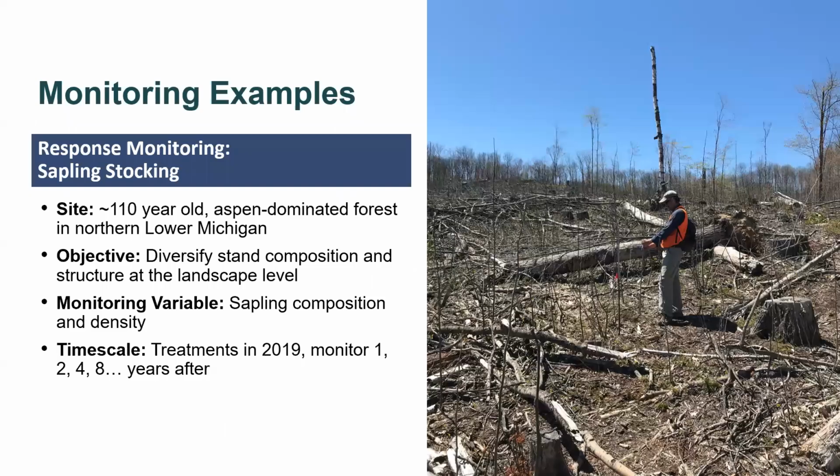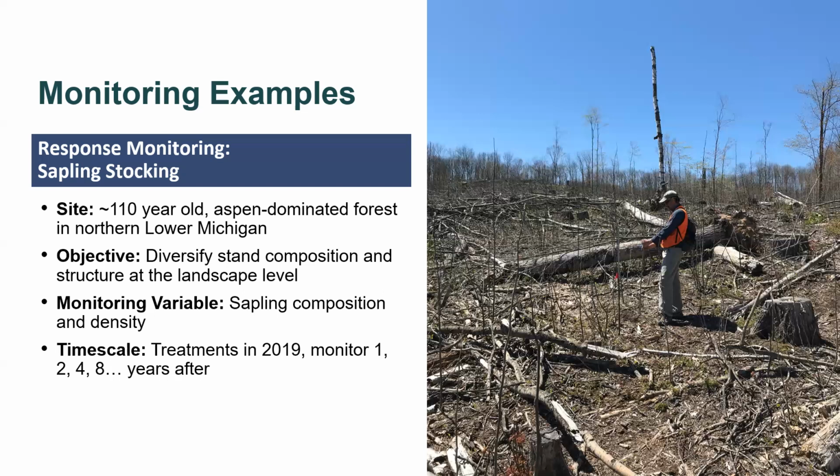Another example from the same experiment, not scientific research, but response monitoring. We wanted to look at sapling stocking levels after the treatments, after the different cutting treatments. And there were a variety of different cutting treatments. We did a kind of monitoring here that was relatively quick and very informative, but not statistically testable.